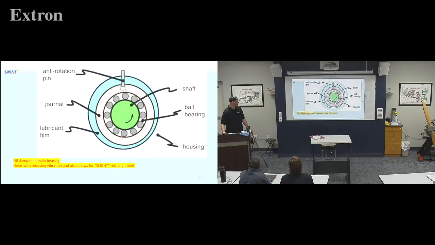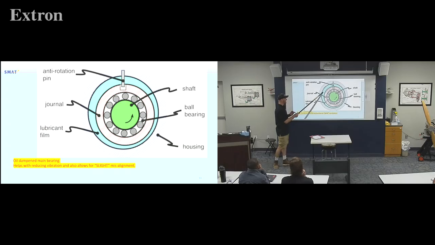Now, this is an oil dampened main bearing. Oil dampened being the key word, it's yellow and red, it will be on your exam. It helps with reducing vibration and also allows for slight misalignment. So the idea here is the green, and this is obviously exaggerated, the green is going to be pressurized from our oil system, much the same way that your plain bearings, P-L-A-I-N, not airplane, have oil pressure on them in a reciprocating engine.